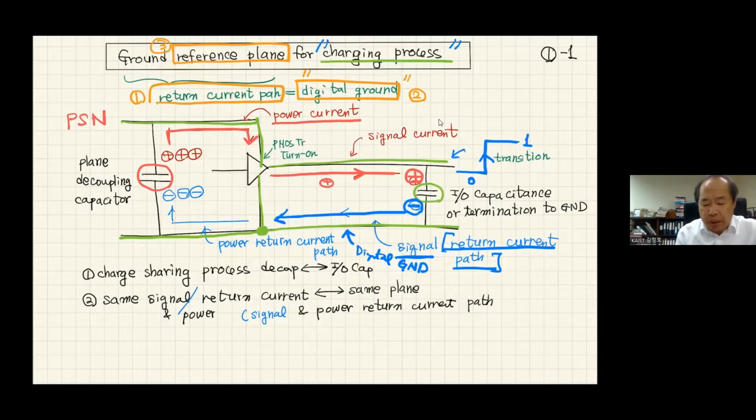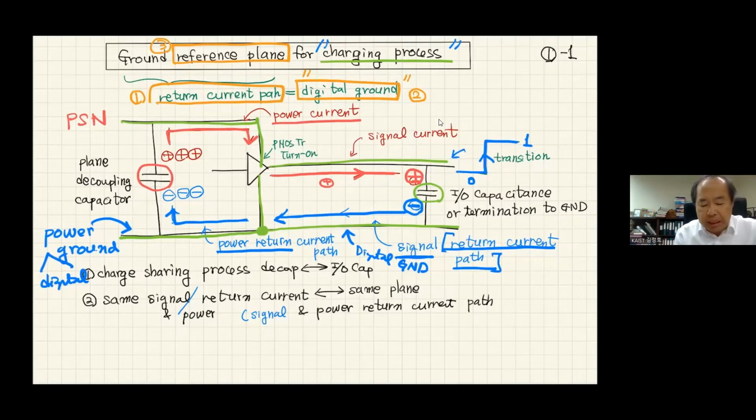In the same way, there is return current, which is going to flow through the return current path, and this could be called power ground, probably digital power ground.